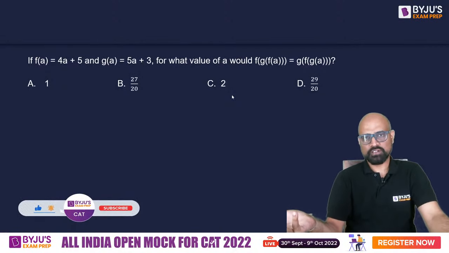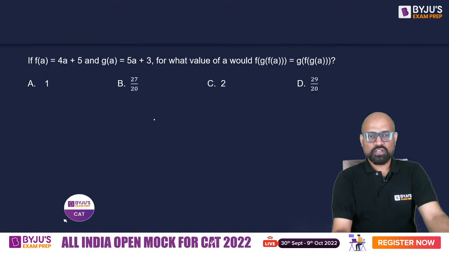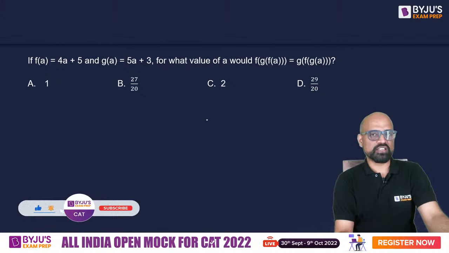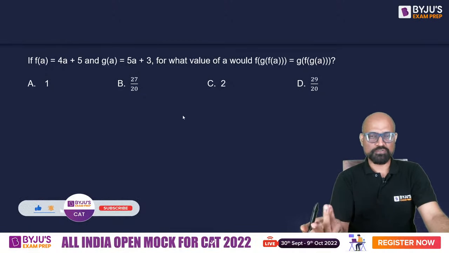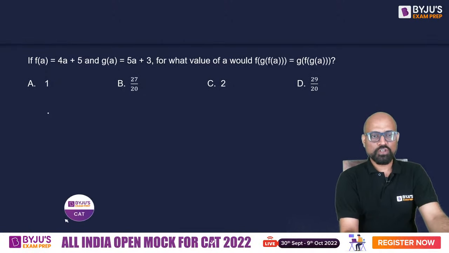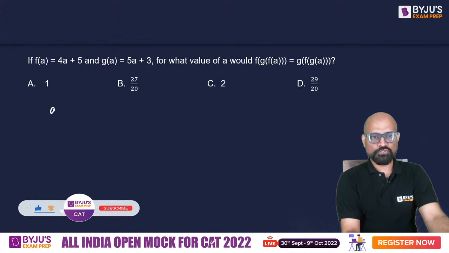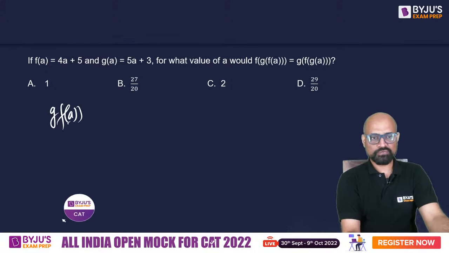Either one will work, right? So I think options will be difficult because what if we don't get the answer at 1 or 2? Then we will have to check the third option, and we will end up spending a lot of time. So what is going to be g of f of a?